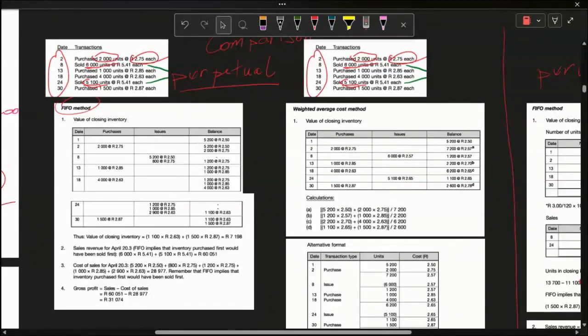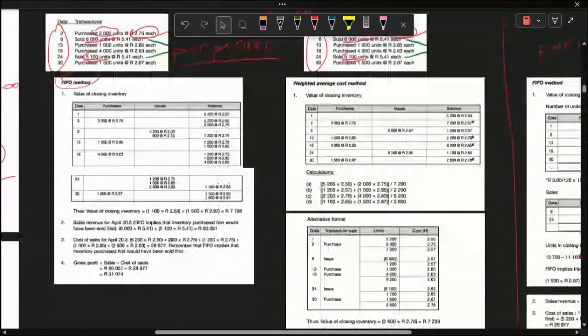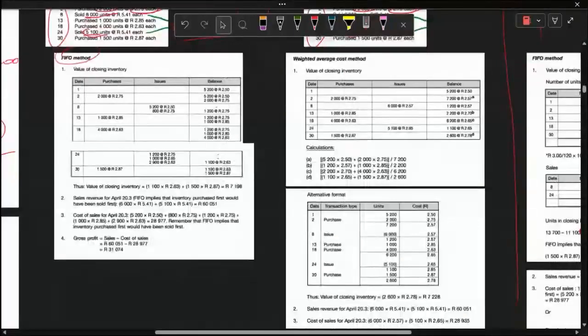So you add up everything and divide by 7,200. They show you the calculation at A. If you say, oh, too complicated, I can't understand anything, they show you exactly the calculation here at point A for the weighted average.